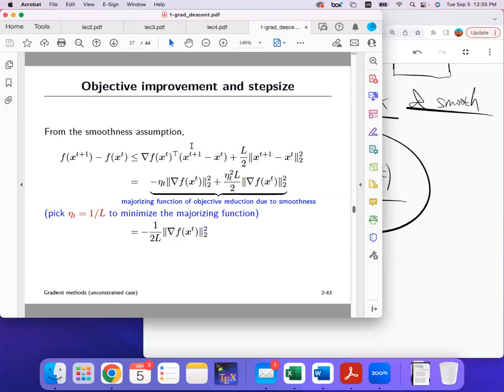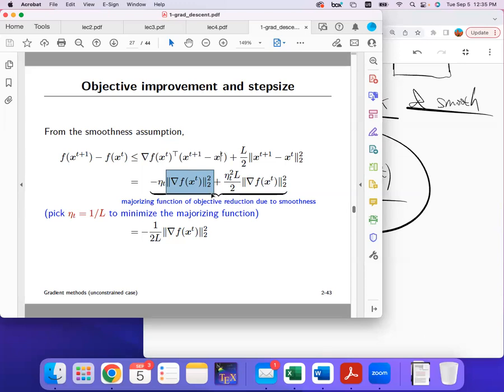And because it is a negative gradient, here's the gradient inner product with a negative gradient. So we end up with negative eta_t times the L2 norm to the power of 2. Okay, it's the inner product with itself, so that just becomes the norm square.